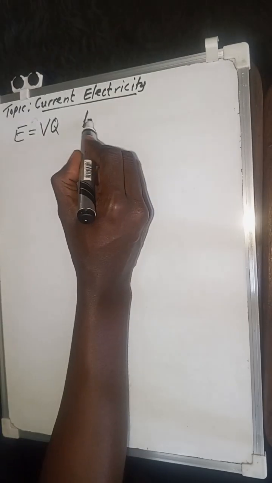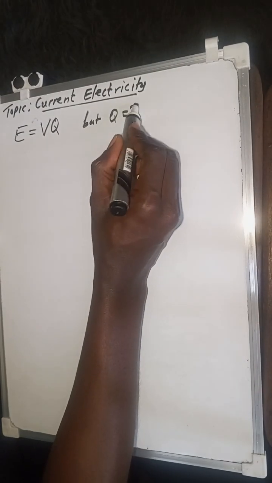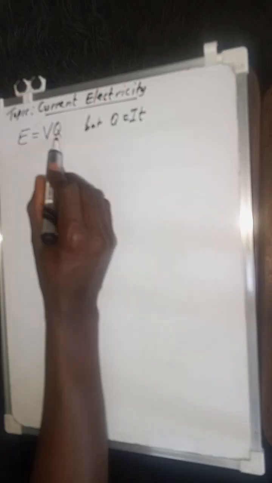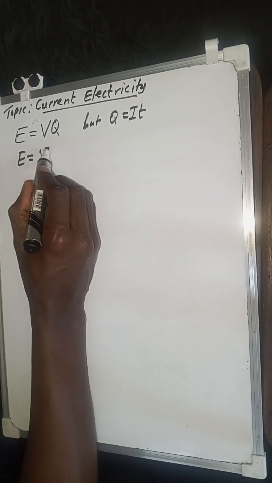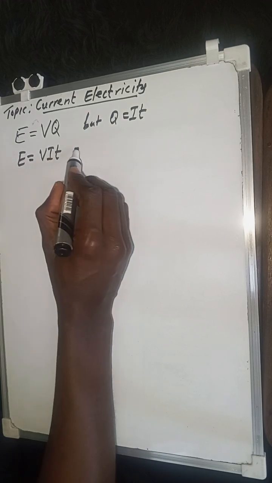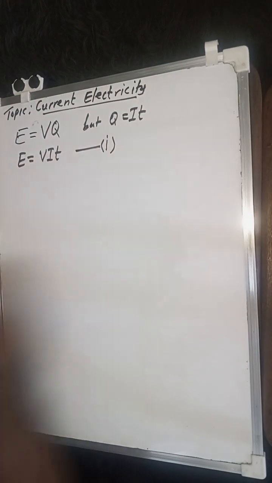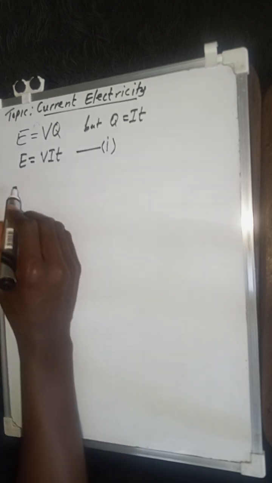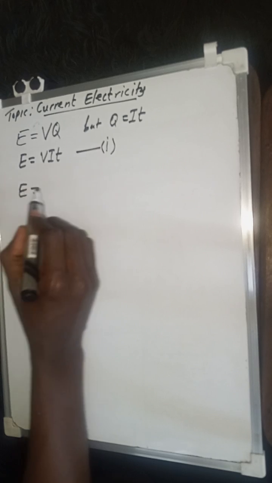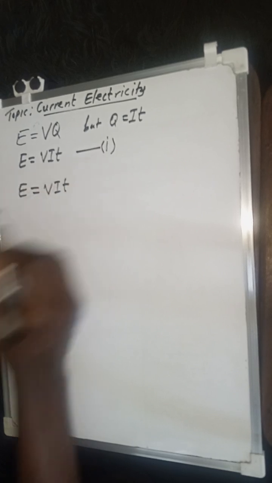But what do we know? We know, of course, that charge is equal to IT. So I can replace where there's charge with IT. So electrical energy will be equal to voltage times current times time. So you can use that expression if you want to calculate your electrical energy.